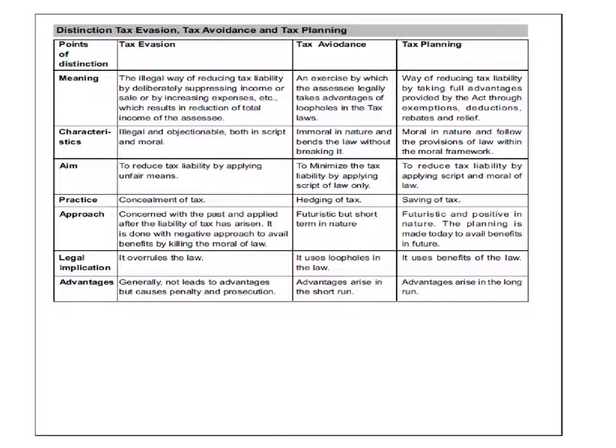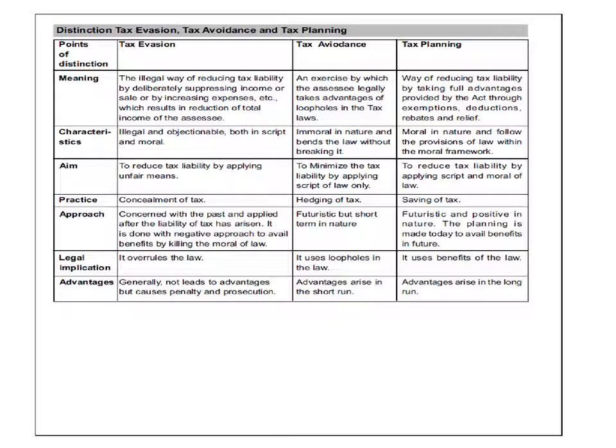Okay, what are the characteristics? Tax evasion is illegal. Tax avoidance is immoral. And tax planning is only moral in nature. We all have to follow tax planning only. We should not avoid tax and we should not evade tax. We must plan our taxes.